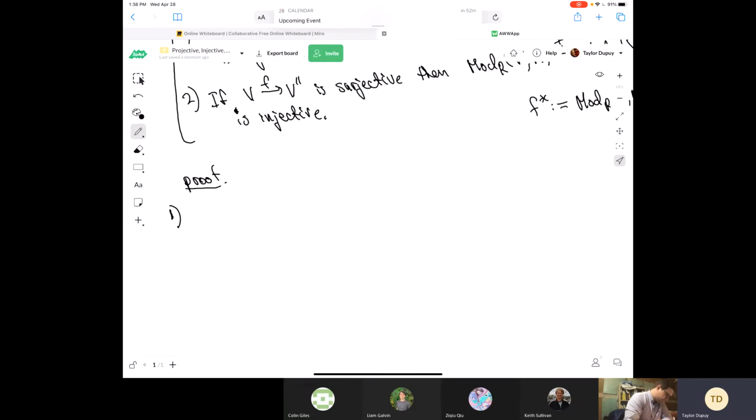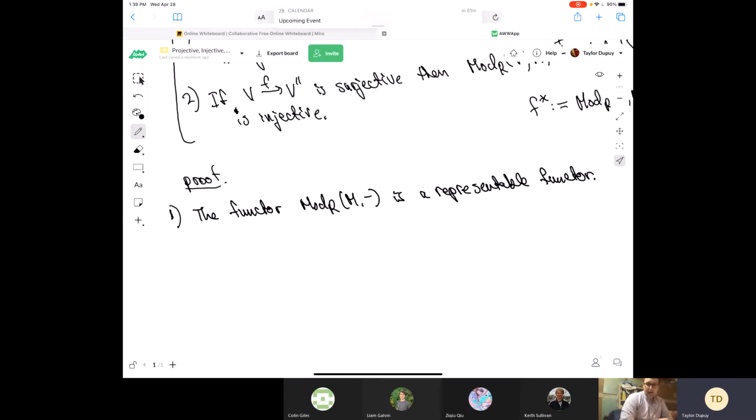This functor Hom_R(M, -) is a representable functor. And what do we learn in topology? Representable functors preserve limits.